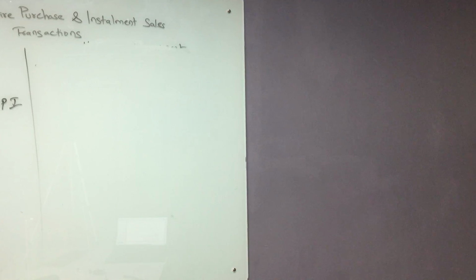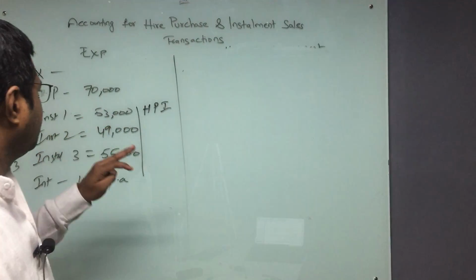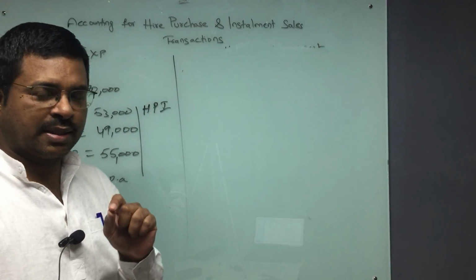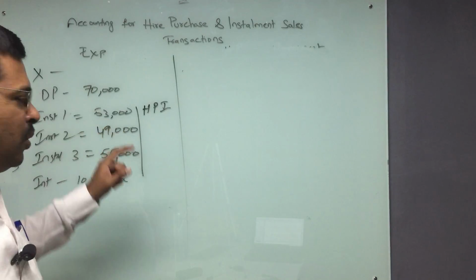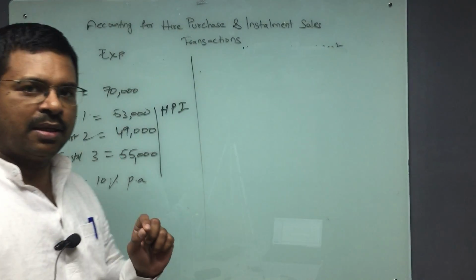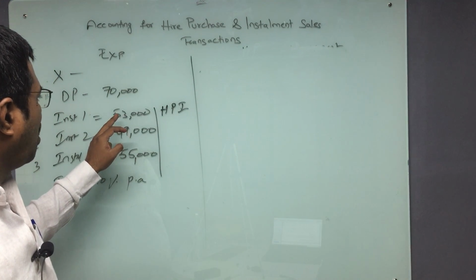So here 10% is given. If we see here 53,000 installment 1, it has got installment amount and also interest. Try to understand, this is very critical in this working. Why should we calculate interest?